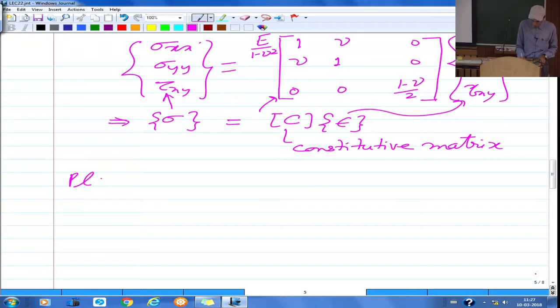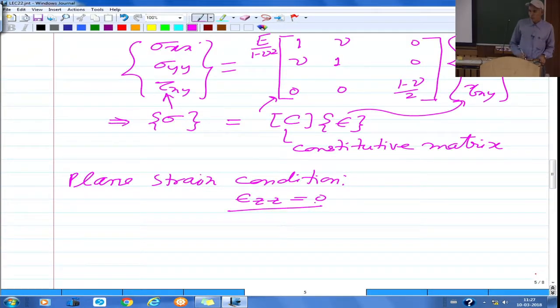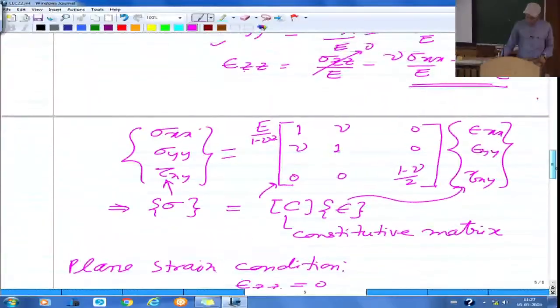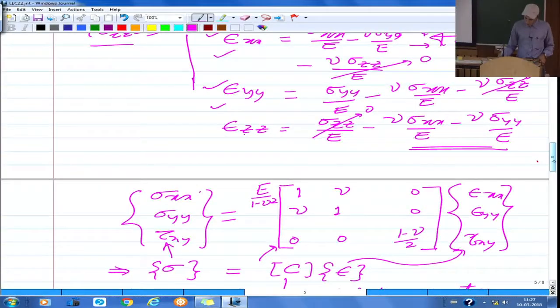Now if you talk of plane strain, in the plane strain condition epsilon zz is 0. If you take epsilon zz equal to 0, then sigma zz would not be 0.